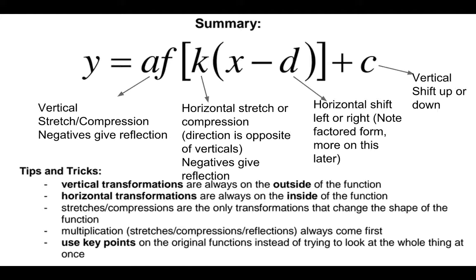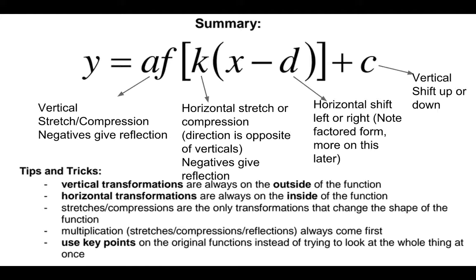We always do the stretches, compressions, and reflections first because they're multiplication ideas, and then we can do the shifts at the end. So it's almost like a BEDMAS thing where, when you do your transformations, you can do your stretches and compressions first, and then always use the key points on the original function instead of trying to look at the whole thing at once.